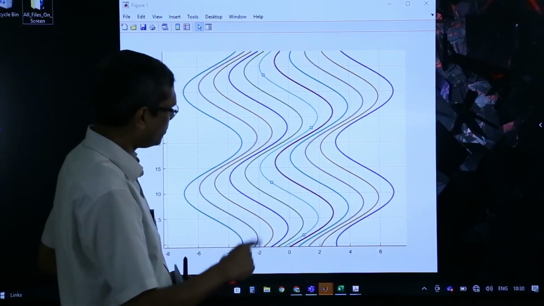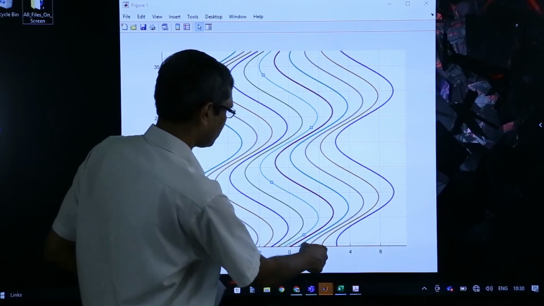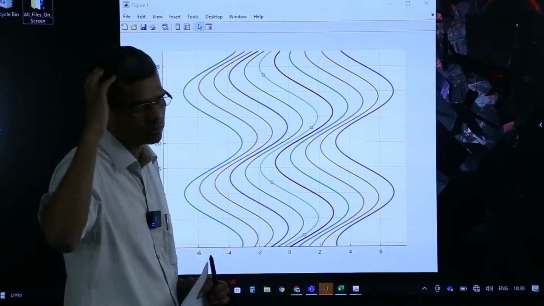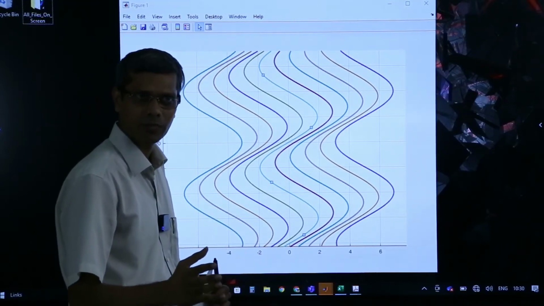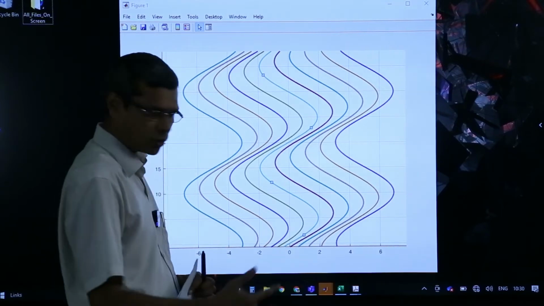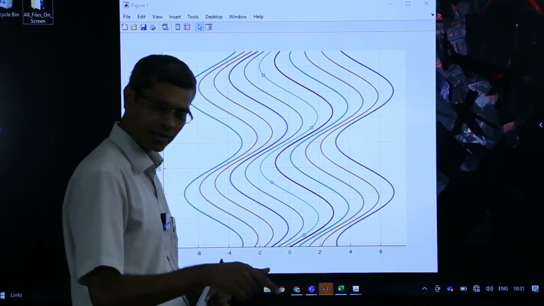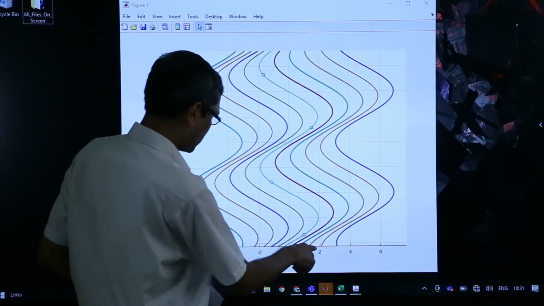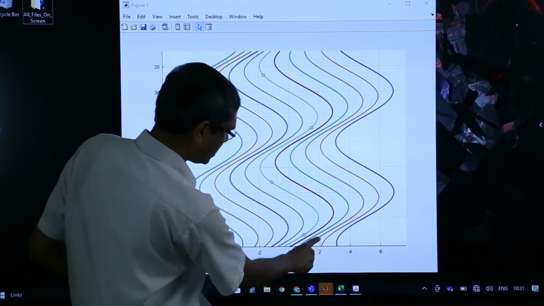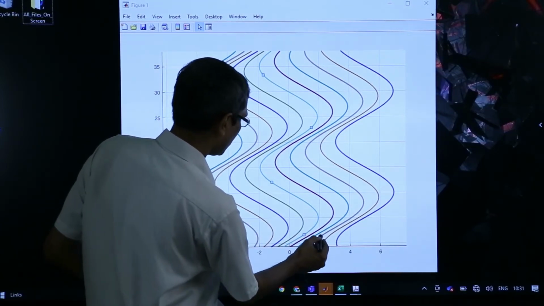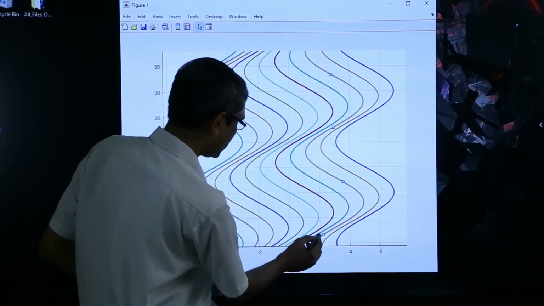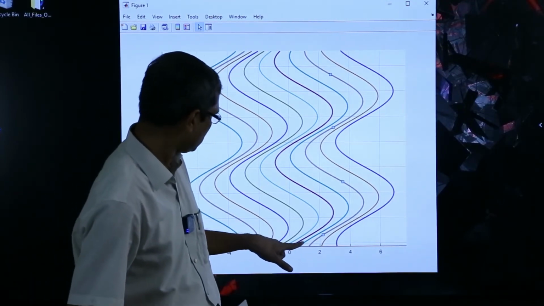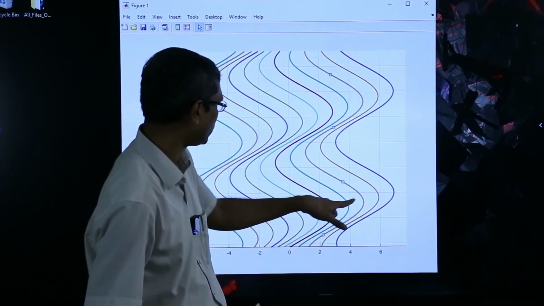So now suppose you are sitting at, say, 2. Suppose small x equal to 2 is your Eulerian position where you are sitting and trying to see the displacements. So what do you mean by the displacement of a particle at small x? Then you have to talk about time. Here in the picture, suppose this location, this point, the time will be somewhat like 1 second, suppose. And this curve is say 1, 2, 3.